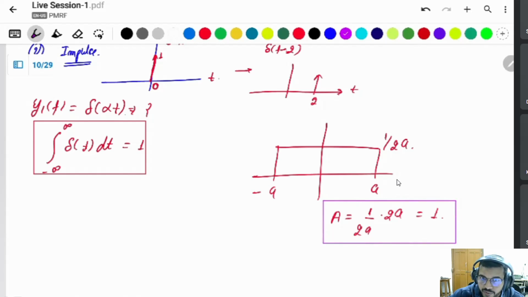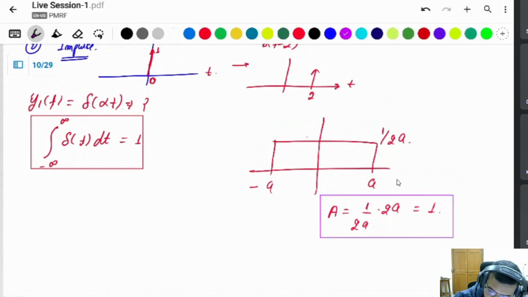Same thing, if you want to shift or compress this one like that, it means if you compress the x-axis, then what happens? Same thing, compress on the x-axis and expand on the y-axis to maintain the area 1.